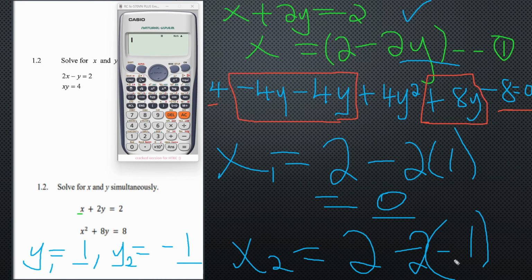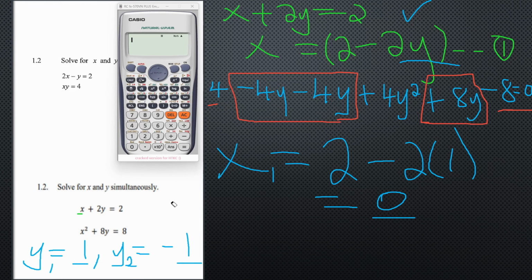into -1, and then this will kill this. Sorry, yeah, this will kill this, and then it means that we are going to get 2 plus 2, which is equal to 4. Let me repeat that part there because people are confused.